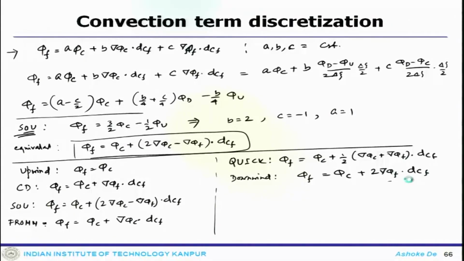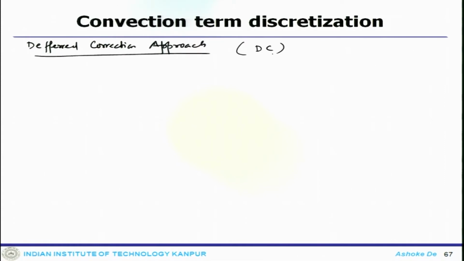Now, the final one is the deferred correction approach, or DC, which enables us to use higher order schemes. It allows higher order schemes to be written in a very flexible fashion.